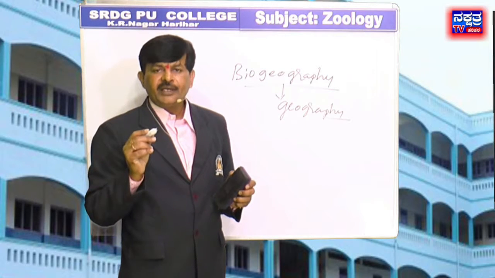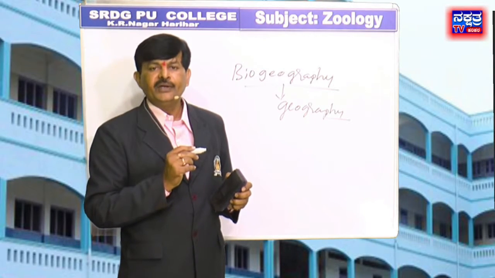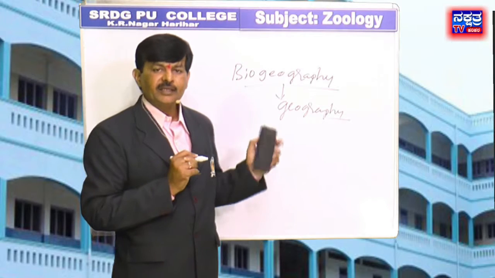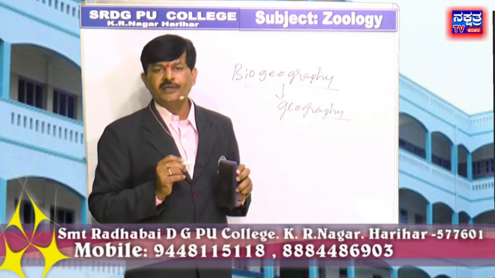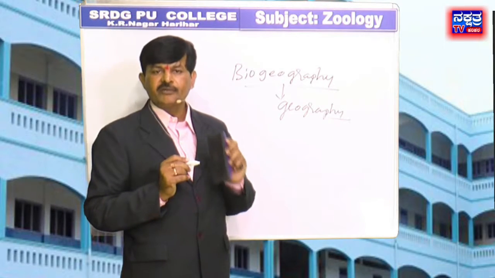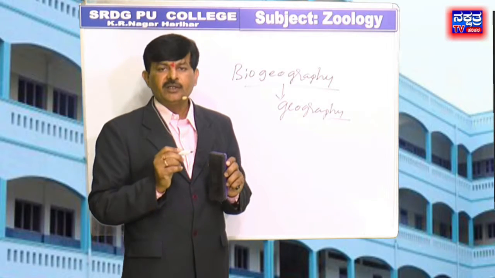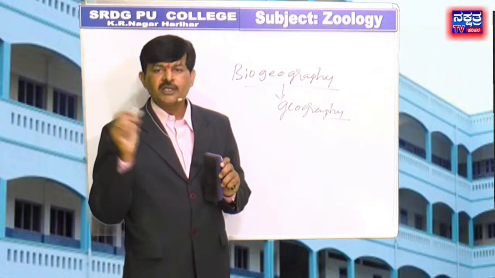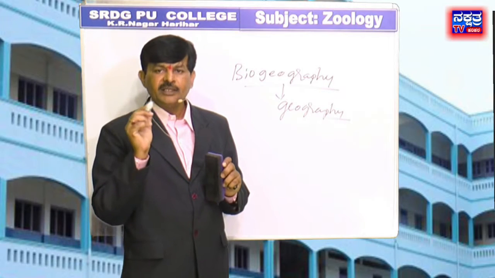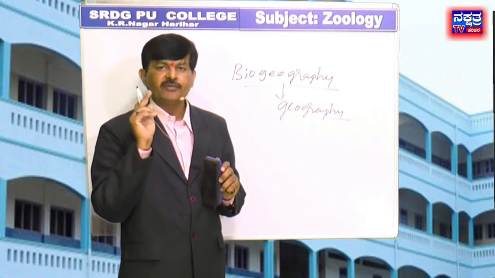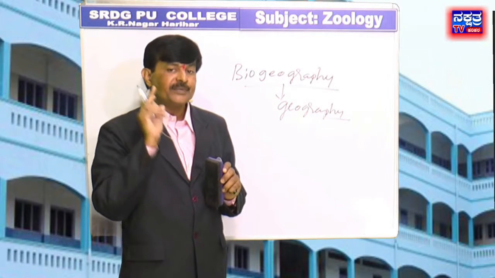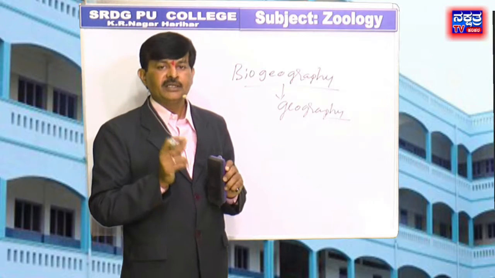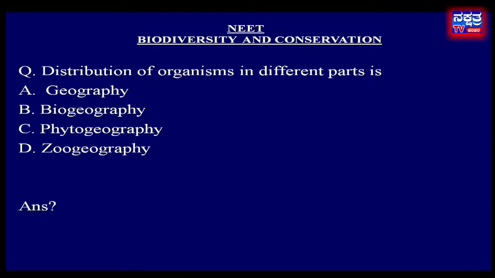Today, biogeography is broken into three main fields of study: historical biogeography, ecological biogeography, and conservation biogeography. Each field looks at phytogeography, that is the past and present distribution of plants, and zoogeography, the past and present distribution of animals. Therefore, in the given options, D is the right answer.